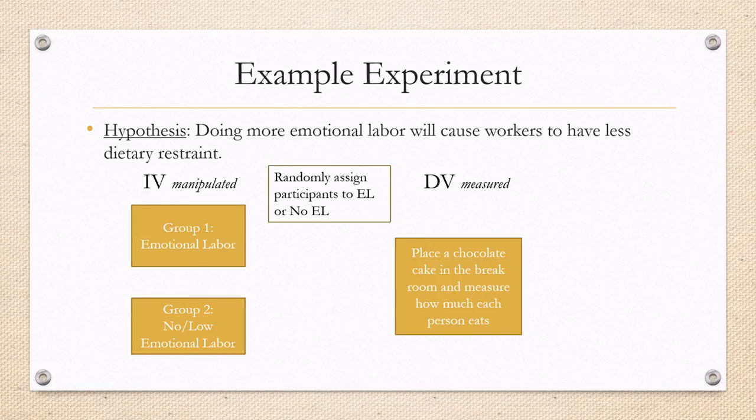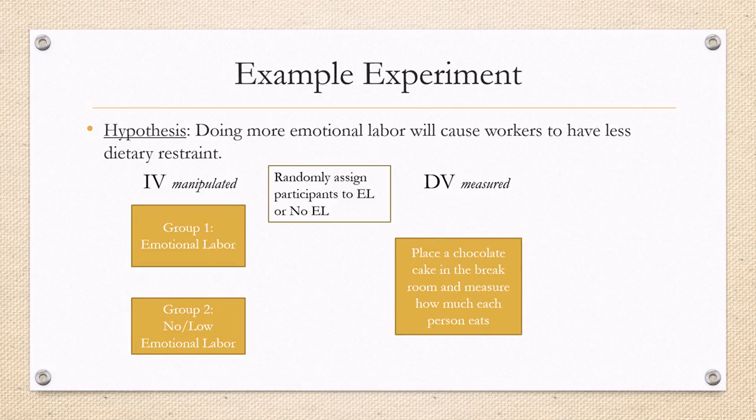We'll have to create some kind of manipulation to require workers in group 1 to experience emotional labor. This may be through an interaction with a customer. Whereas in group 2, we would not have that interaction. We might have a pleasant interaction or no interaction.